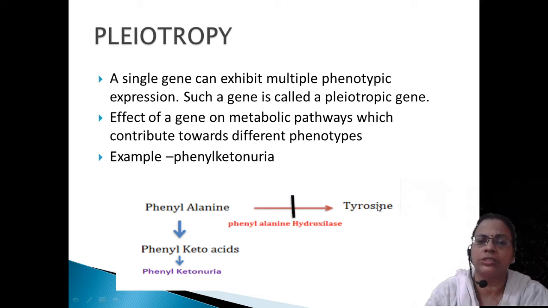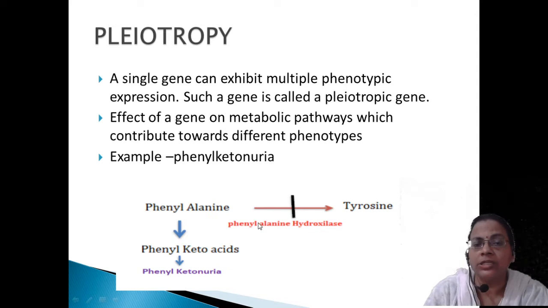And tyrosine is another amino acid which is required for the formation of thyroid hormone as well as melanin, and triiodothyronine and all, which we learned last year. So thyroid hormone, melanin, etc. Many intermediate components will be formed from tyrosine.